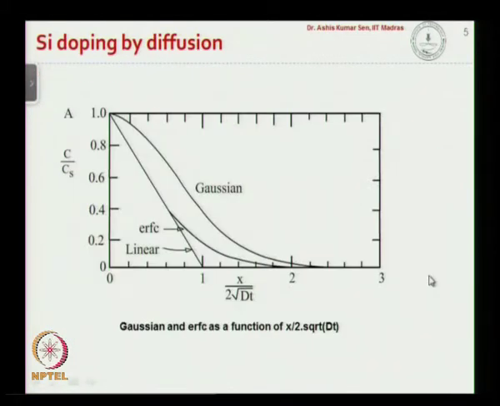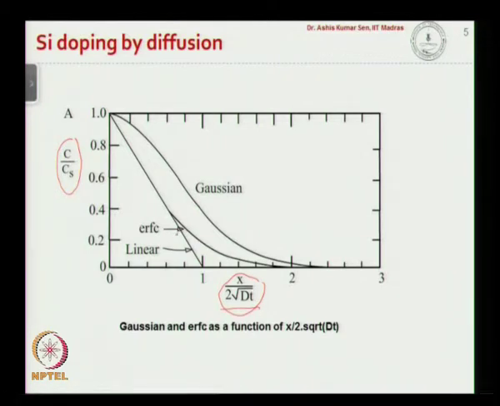So this is where we see two different cases that we just discussed. We are plotting the variation of the concentration with x, how the concentration is changing with x as well as t. So here on the x axis we have x over 2 square root of Dt, and on the y axis we have C over Cs.